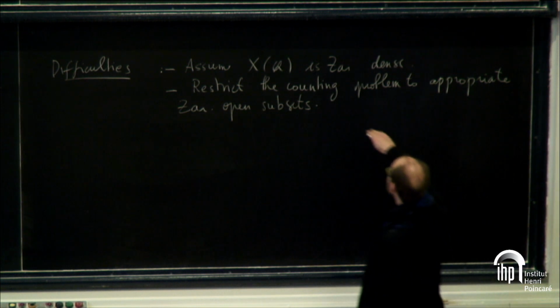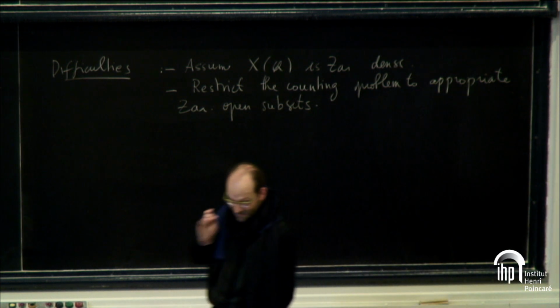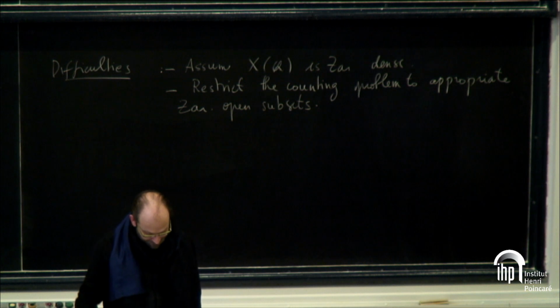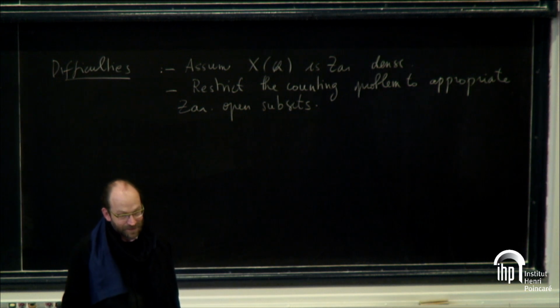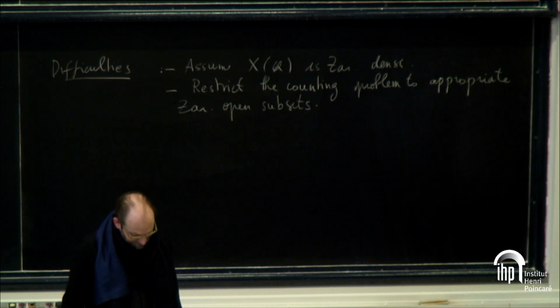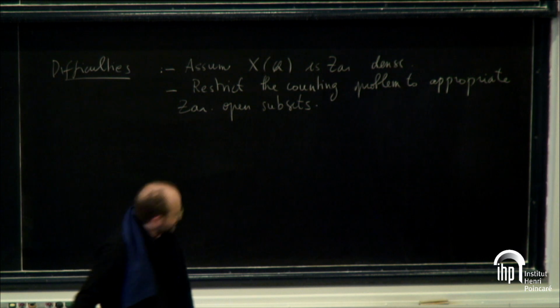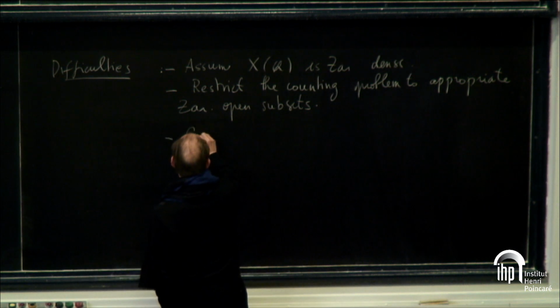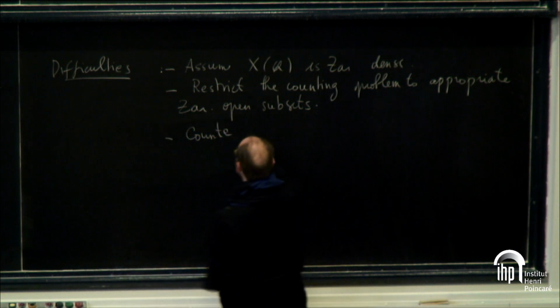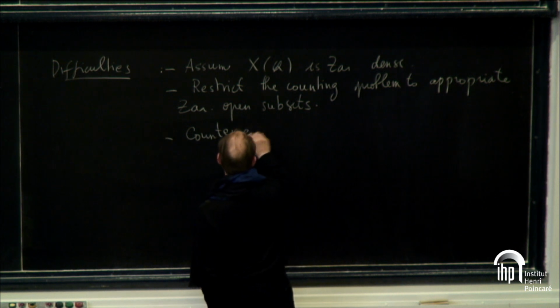So one needs to restrict the counting problem, and up to now there is no general description of what this appropriate open subset should be. And in fact, I will say more about it now, because the final main difficulty is that there are counterexamples.